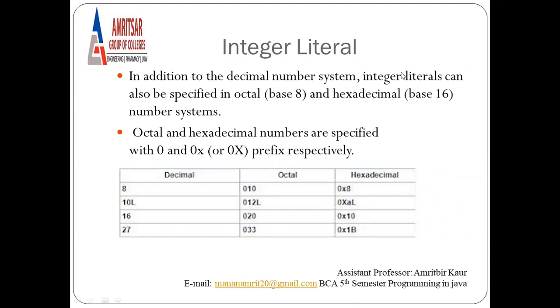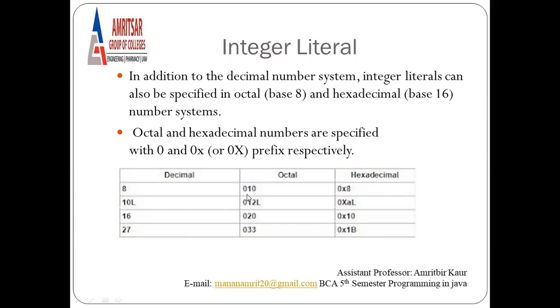We can store our integer value in decimal, octal, and hexadecimal. For example, we want to use the literal 8. In decimal, we simply write 8. But if we want to write octal, the octal value of decimal 8 is 10, and we have to put 0 at the starting.